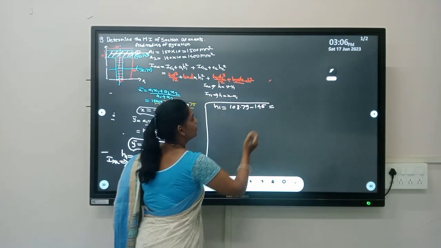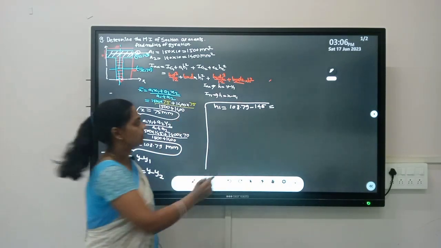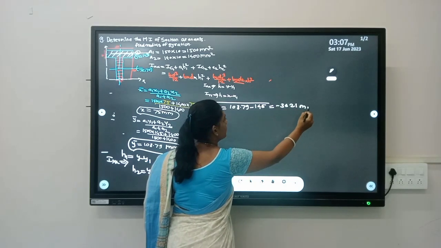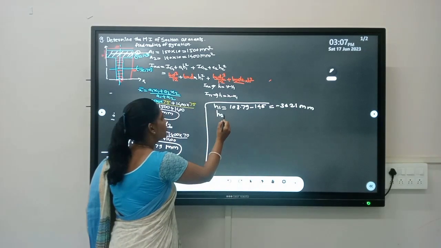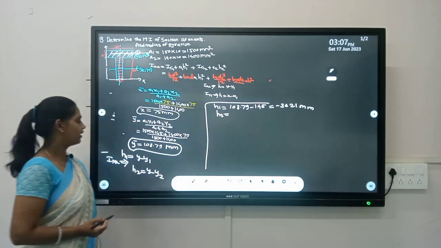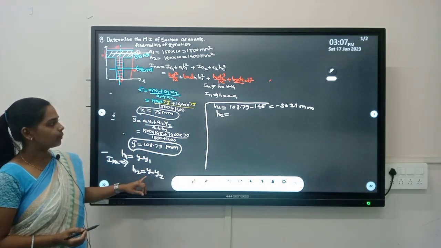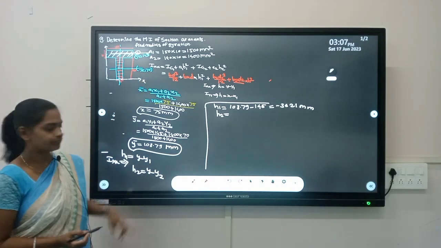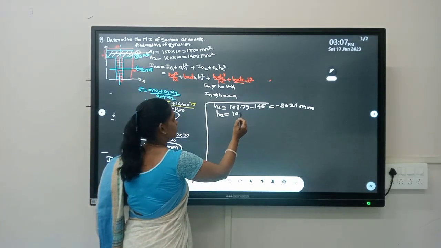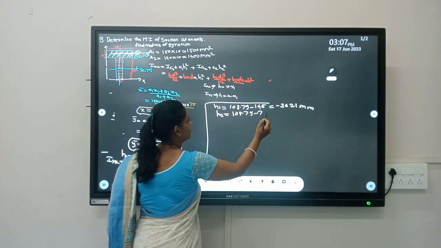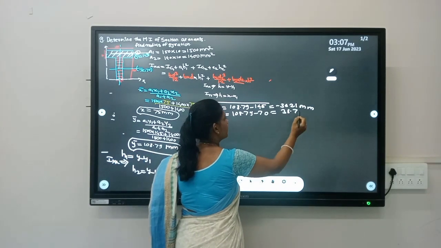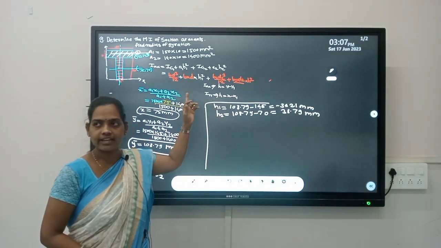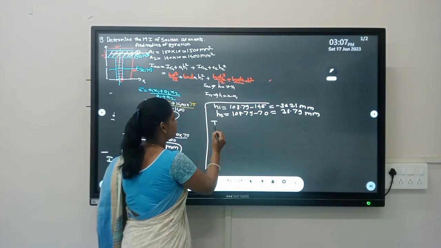So what is this value? Minus 36.21 mm. Also calculate h2. What is the value for h2? 108.79 minus 70. Is it? 38.79 mm.